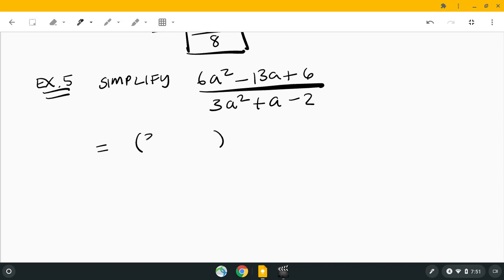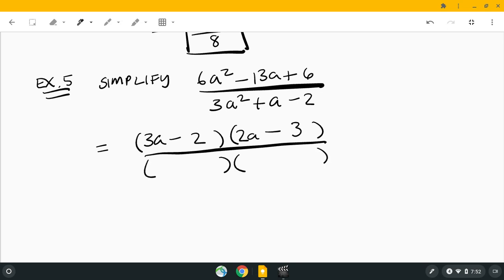It was 3a times 2a. And then the signs have to be the same, both negative. And then 2 and 3. So let's see. Outside is negative 9a. Inside is negative 4a. Negative 9 and negative 4 is negative 13. So that checks.